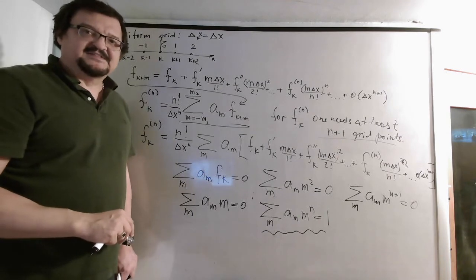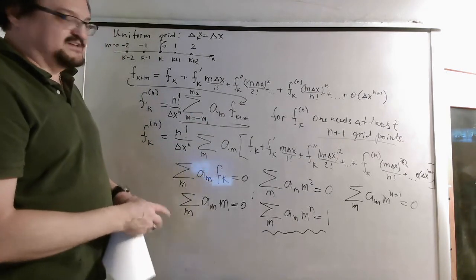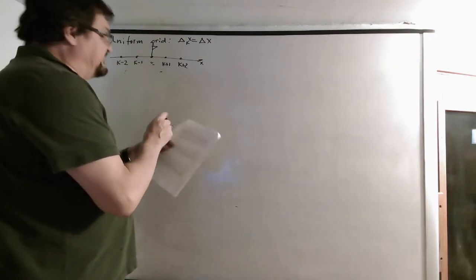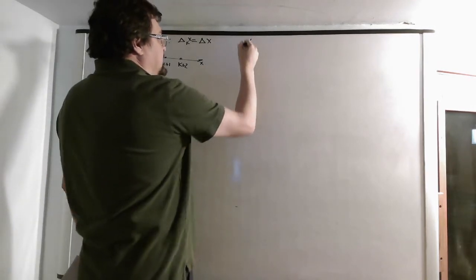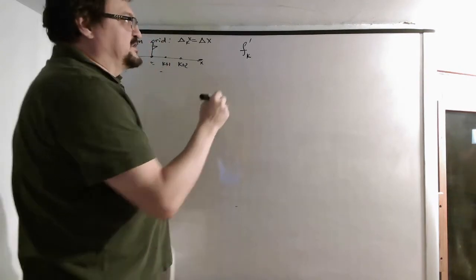Let's consider some examples of how you use this method to derive derivative expressions. We want the first derivative, so we want f prime at k, and we have only 2 grid points.